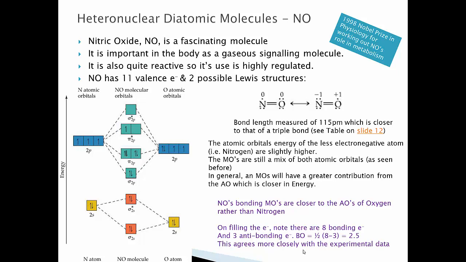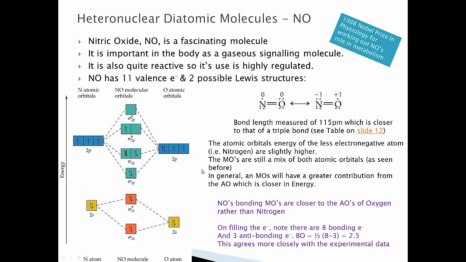There are 11 valence electrons and 2 possible Lewis structures, with a free electron on the nitrogen or a free electron on the oxygen. The bond length is measured at 115, which is closer to that of a triple bond than of a double bond.